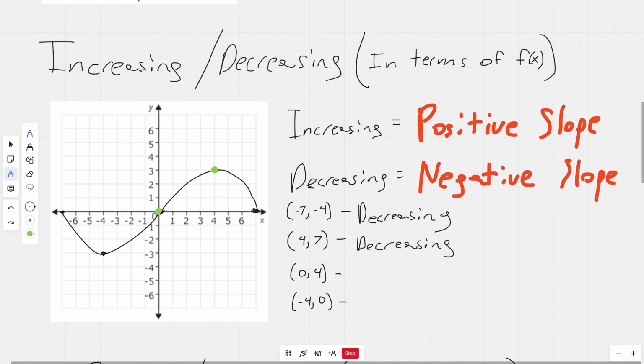So this is increasing. And from -4 to 0, we are also increasing, because as you go right, y goes up. Very, very easy. And you may be asking, how did I get that wrong? We'll get to that.